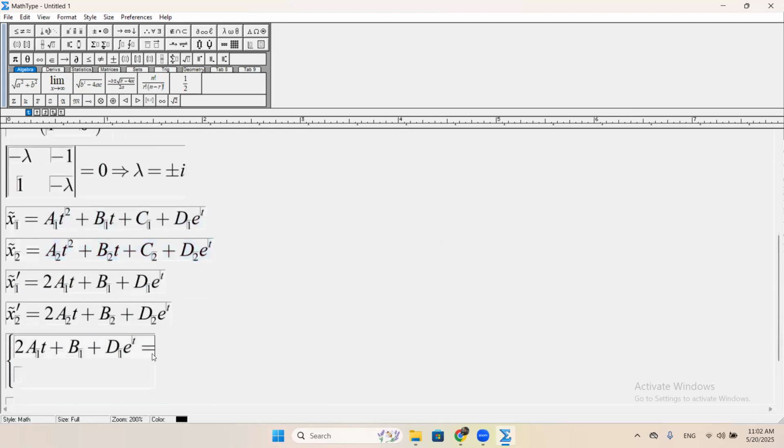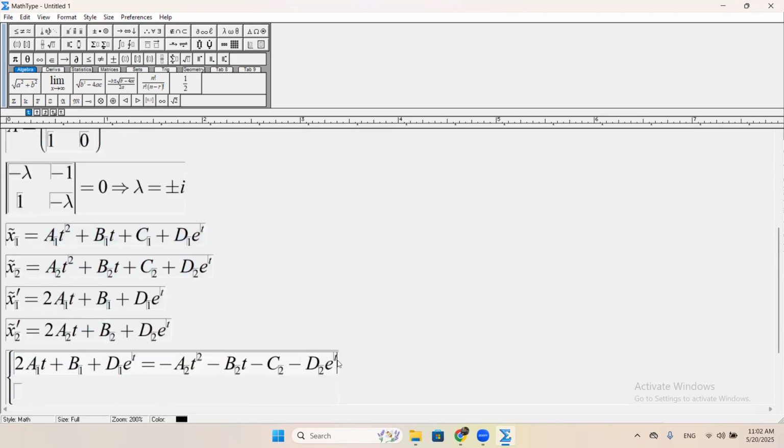So it equals, here everywhere minus, minus, minus, minus, and plus e to the power of t.